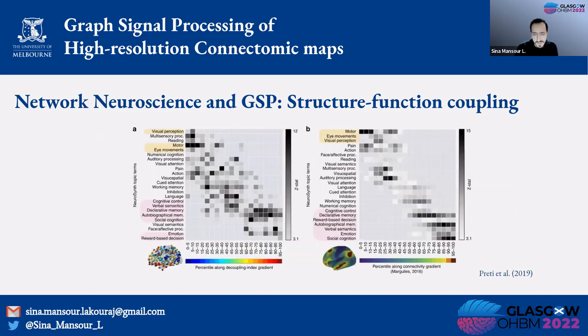Now, previous studies have looked into this structure-function coupling and have observed that the patterns of decoupling across the cortical surface are very similar to the principal functional connectivity gradients studied, which shows a higher coupling in regions of higher order association cortices and a lower coupling in visual and motor systems.